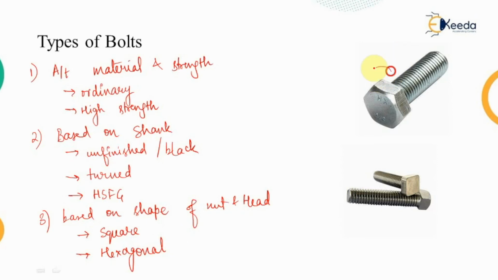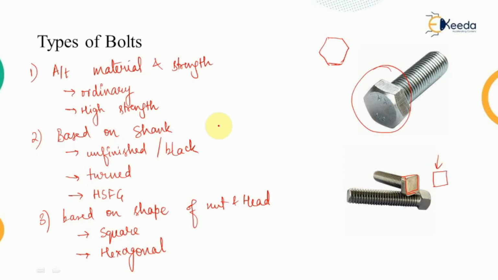As you can see in the picture, the bolt head has been provided in the form of a hexagon, a hexagon having 6 sides of equal dimensions. So this is a hexagonal bolt, while if the head and the nut provided in the connection are of square shape, that is known as the square bolt. So depending upon the different types of shapes available to us, these bolts are classified into those categories.